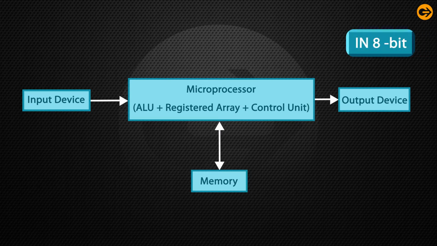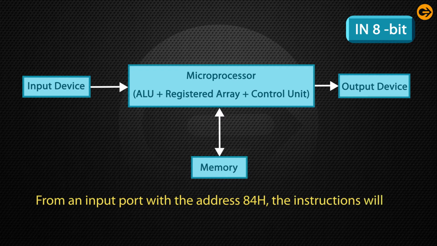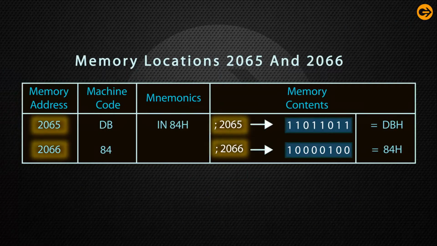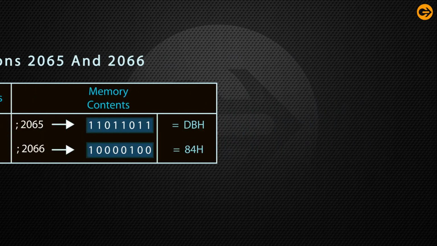To read switch positions, for example, from an input port with the address 84H, the instruction will be written and stored in memory as follows. The memory locations 2065H and 66H are selected arbitrarily for the illustration.